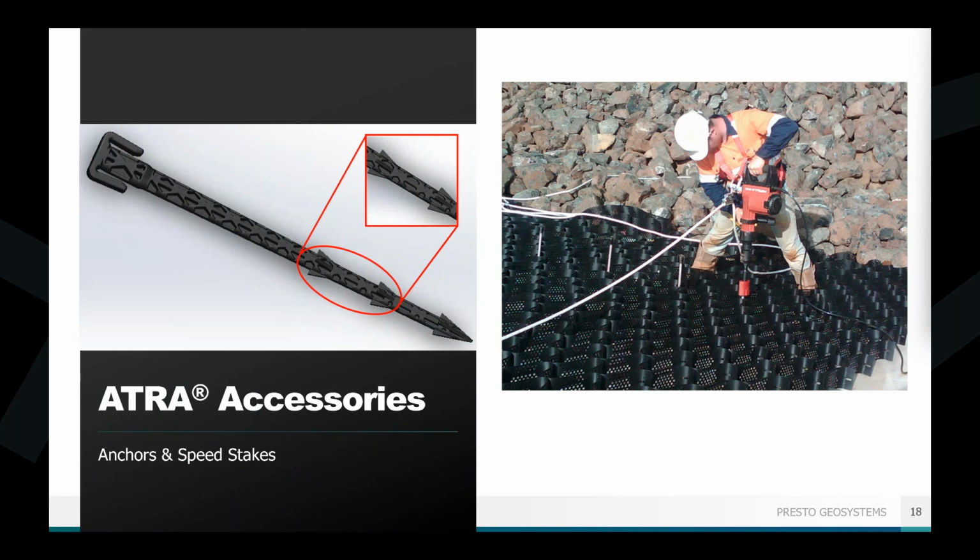And so this can be either metal stakes, just a standard piece of steel rebar, or we do offer our Atras Speed stake. And so this is a molded HDPE stake, so there's no metal to it. This is really helpful in corrosive environments. Maybe you're along a coastline and salt water that could corrode metal.